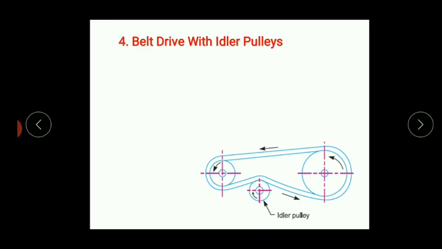In this case we can use the idler pulley to increase the tension in the belt. As the tension is increased on the tight side and the slack side, the frictional grip between the pulley and the belt will increase, and that will cause a good amount of motion transmission with reduced slippage.